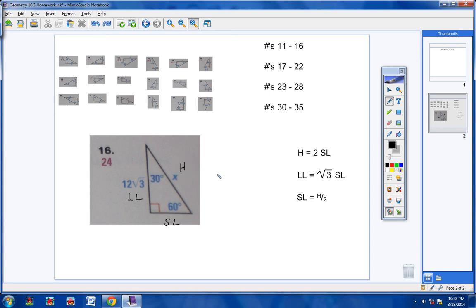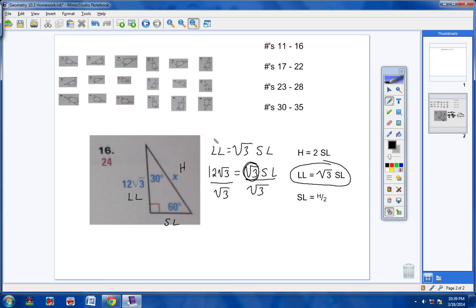So here we go. I'm going to use this formula right here to find the shorter leg. So longer leg equals square root of 3 times shorter leg. Now for longer leg, I'm going to put 12 square root of 3. And for shorter leg, I'm just going to leave that SL. Now we're solving for SL, so let's divide both sides by square root of 3 to get rid of this square root of 3 right here, okay?